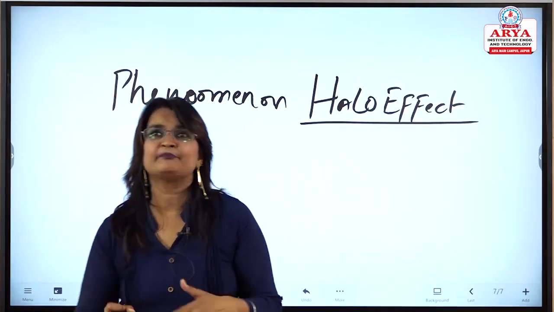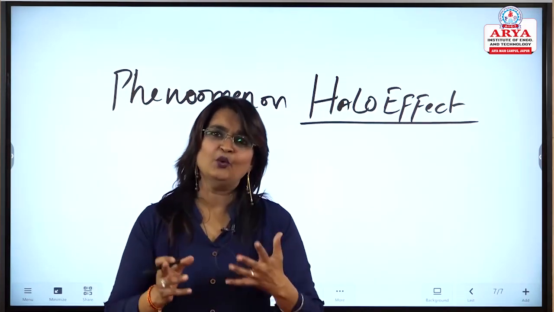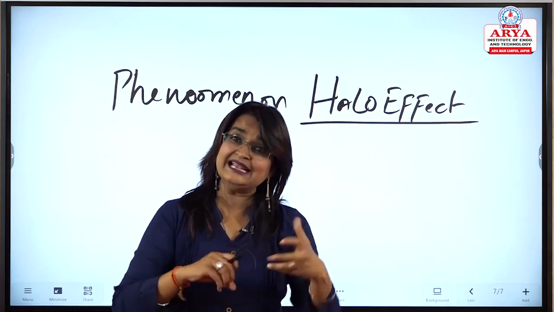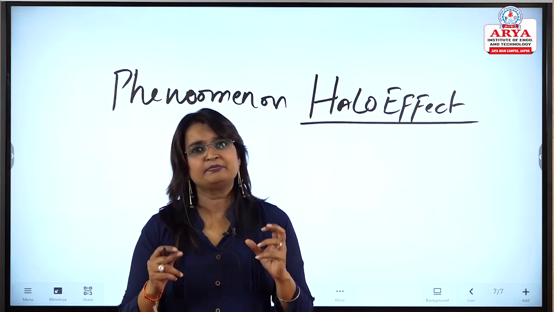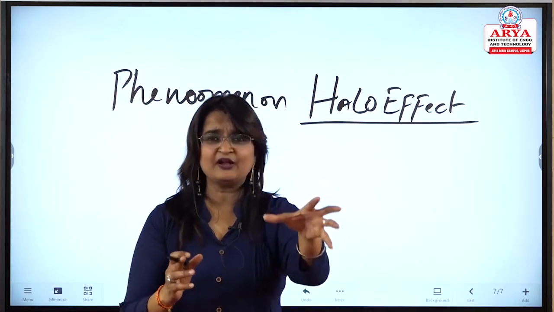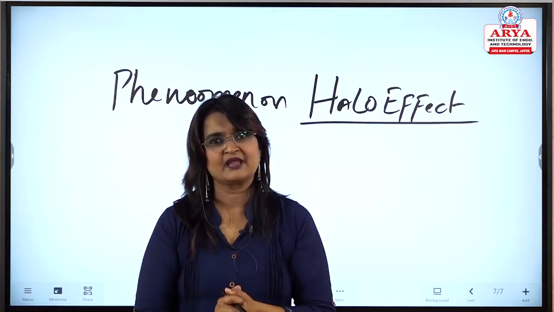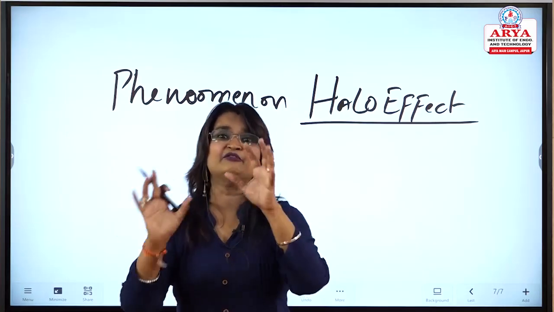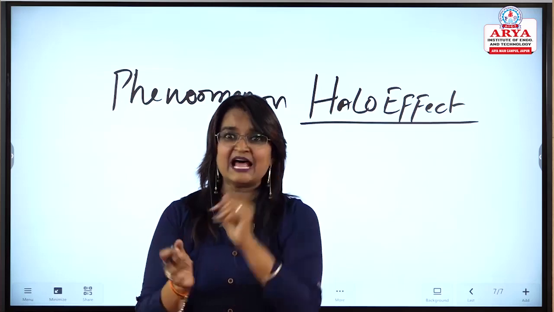We all identify a person as skilled in something. He is very good or strong at one part of work, and we understand that whatever work the person does would be perfect and good. So that is the halo effect.